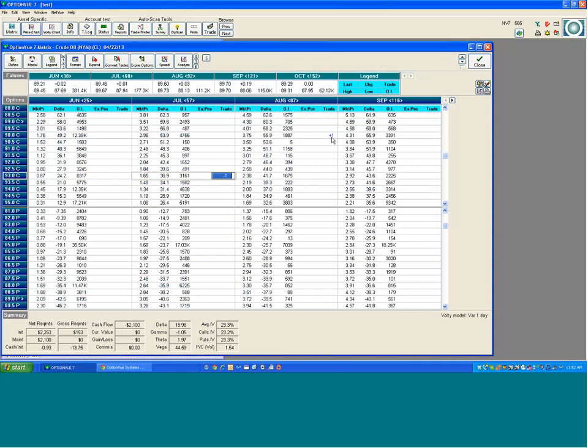One of the ways of getting a credit call spread is to sell to close your August 90 call, because obviously that has not been helping you. It's been going against you. You would sell that, and what you would then do is purchase, let's say, the 95 call with a 32 delta here.